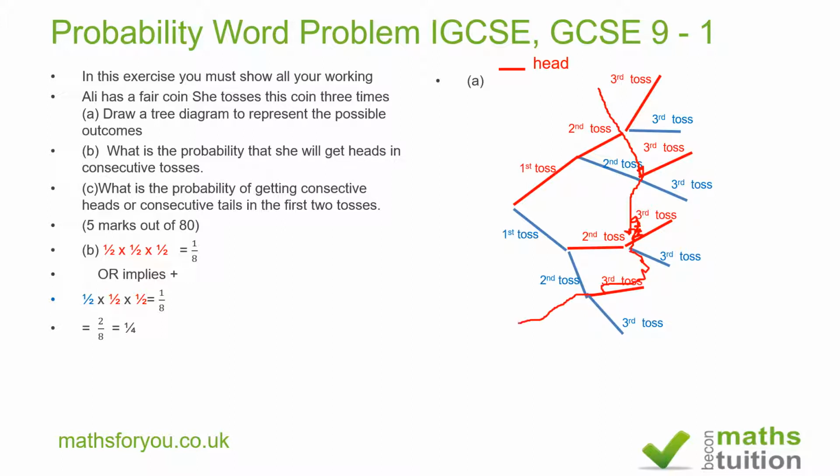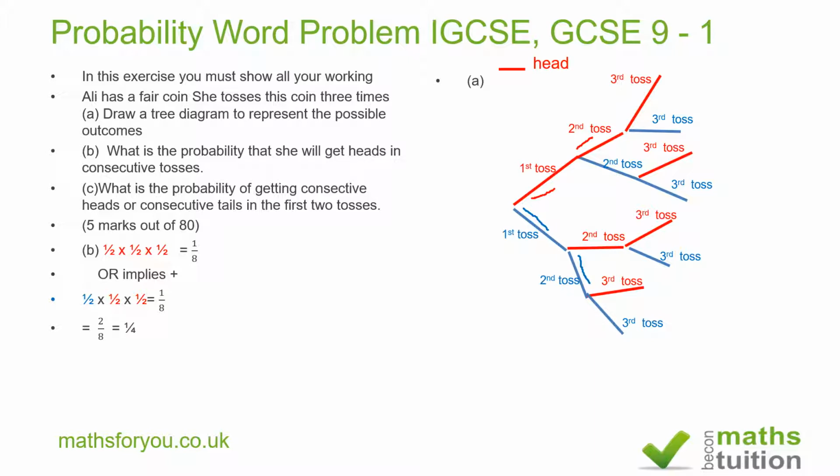Okay, so for that, you can get consecutive heads there and there for the first two tosses, or consecutive tails there and there.